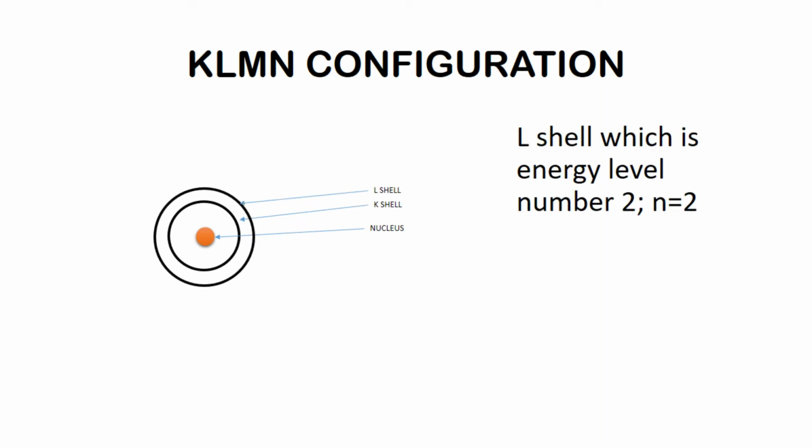However, for the L shell, which is number 2, it goes 2(2) squared, which by the time you calculate is 8. And the next one is 18, and it goes on and on like that. If there is need for it, I'll make another tutorial to fully explain this.